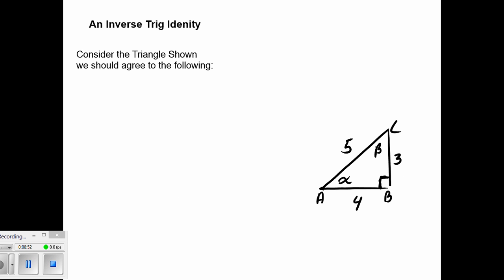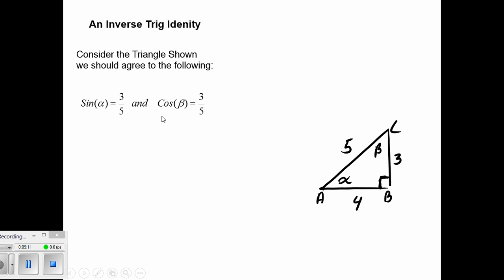So we have but one inverse trig identity that pops up, okay? So we've got our familiar 3, 4, 5 triangle here. And of course, we should agree that the sine of alpha is opposite over hypotenuse. That's 3 over 5.